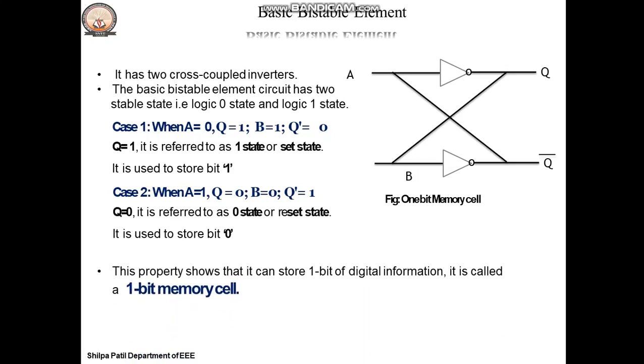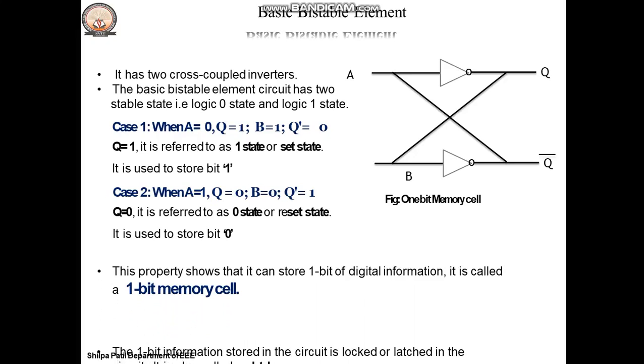And you observe here, when you give A is equal to 0, your Q is 1, meaning it is storing the bit 1. When you give A is equal to 1, it will store bit 0, right? So hence it will store 1 bit of digital information. Therefore, we call it a 1 bit memory cell.